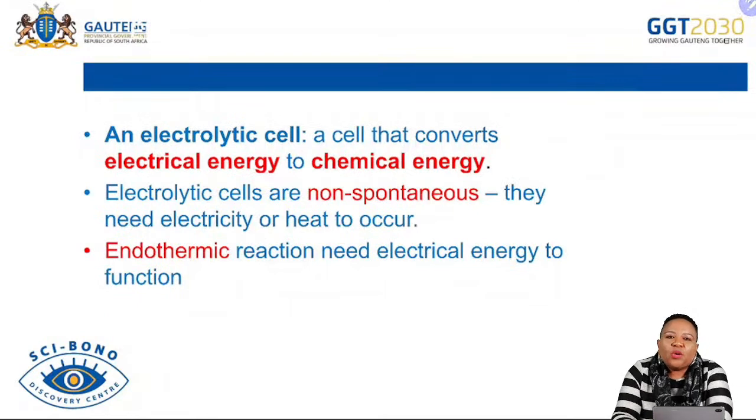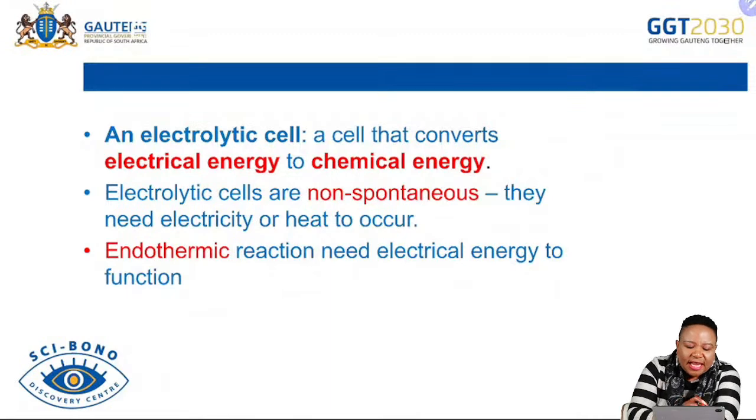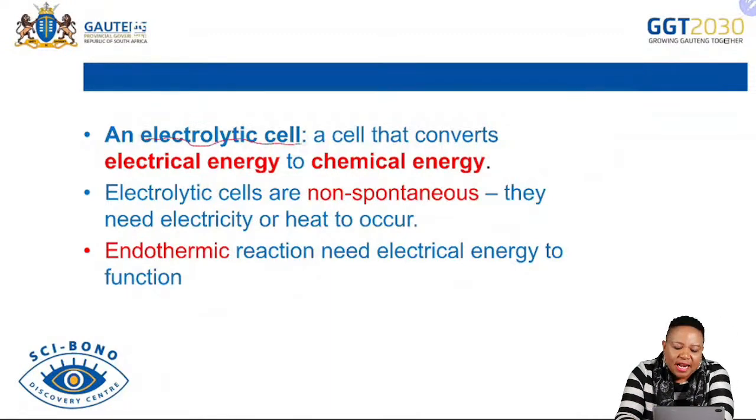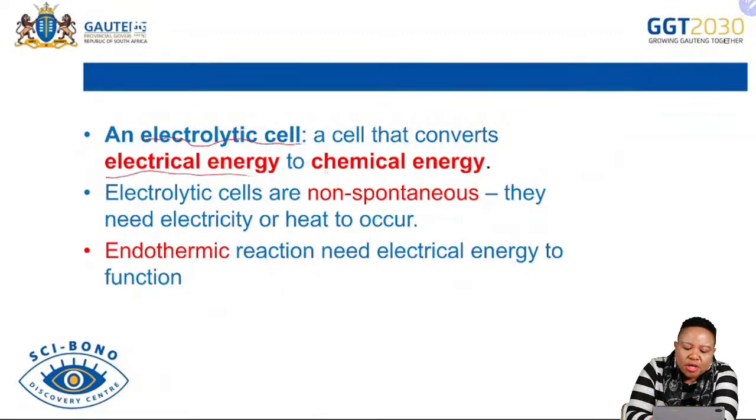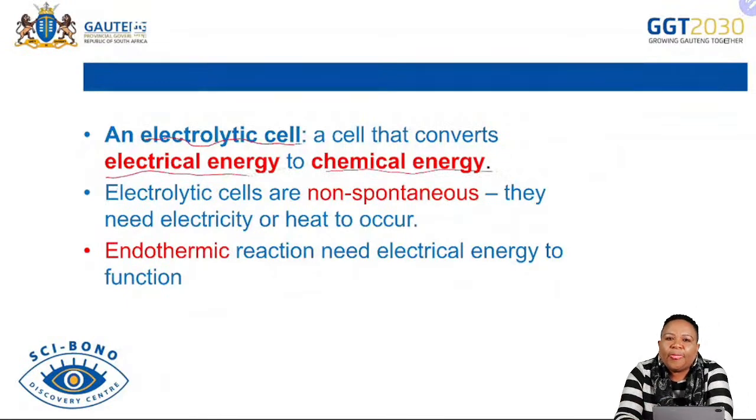Now let's look at what this electrolytic cell is. An electrolytic cell, as stated in the exam guideline, is a cell that converts electrical energy to chemical energy. The only difference between the two cells is the energy conversion.